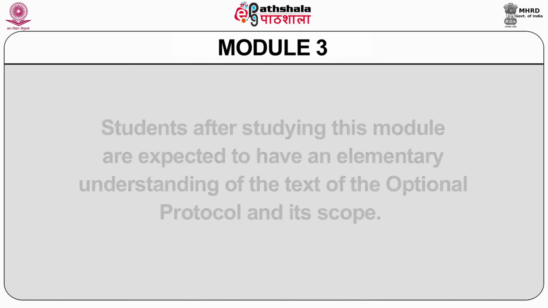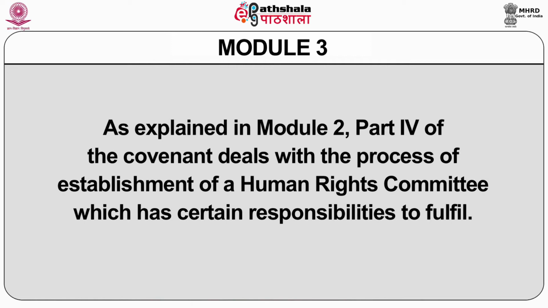its scope. As explained in Module 2, Part 4 of the Covenant deals with the process of establishment of a Human Rights Committee which has certain responsibilities to fulfill.